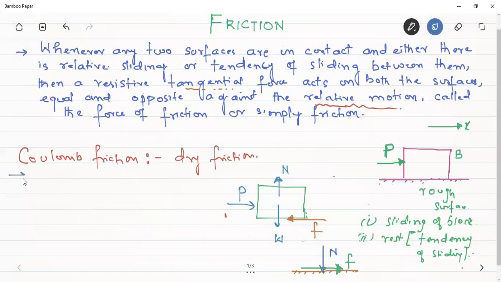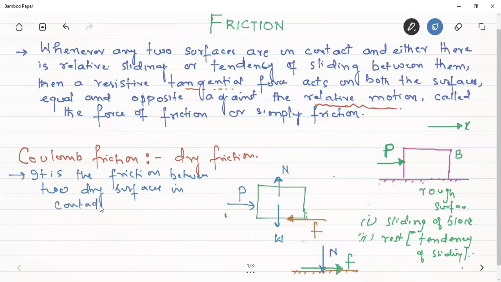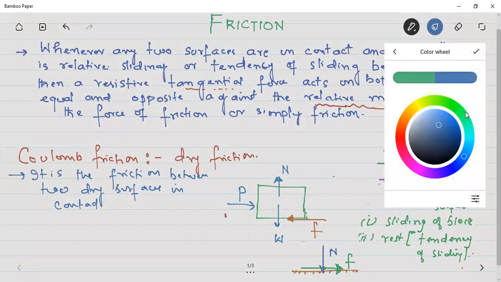It is the friction force between two dry surfaces in contact. So we are assuming that the contact surfaces are completely dry.